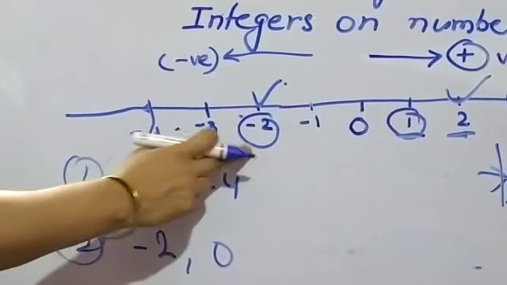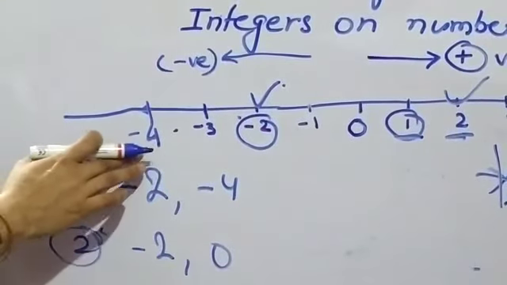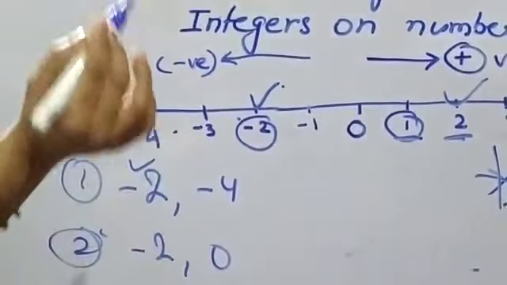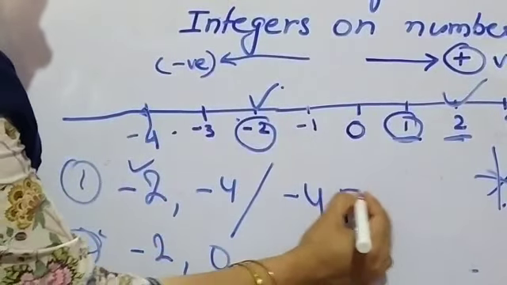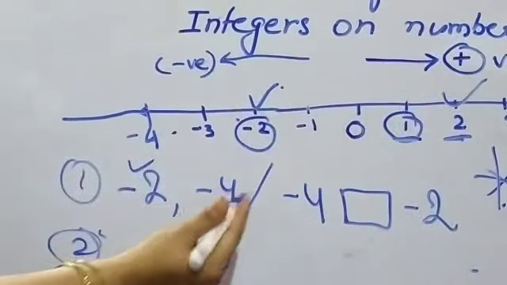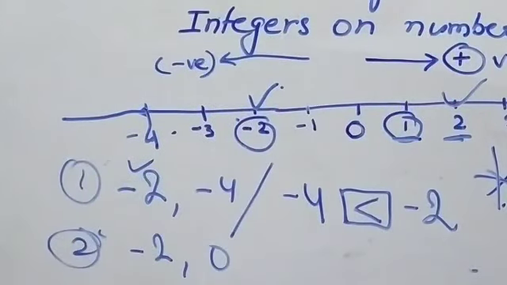So, minus 2 and minus 4. Which is to the right? Minus 2 is to the right. So minus 2 is greater than minus 4.